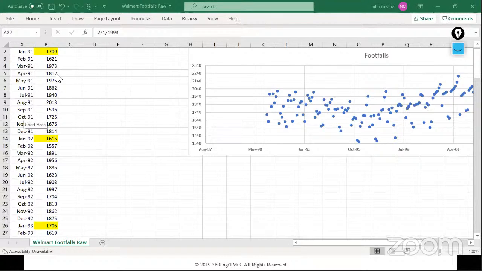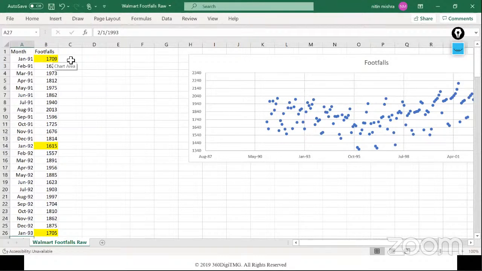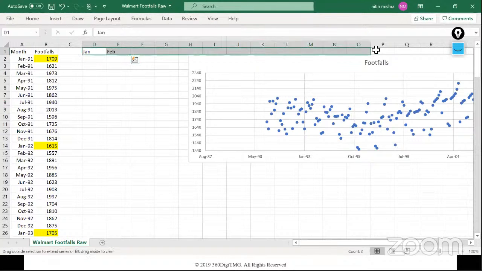So what I'm trying to do here is establish a relationship between the values and the month they are from. Therefore, I want to find out if all these values are similar. So I'm going to create something called a dummy variable. I'm going to create Jan, Feb, and go all the way to December.